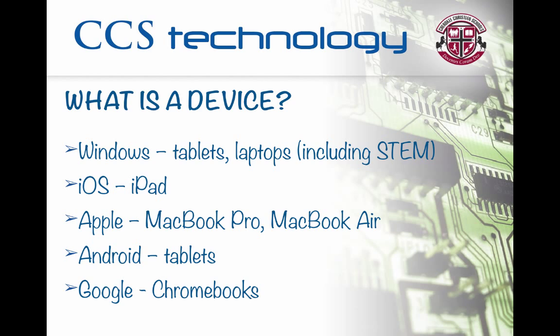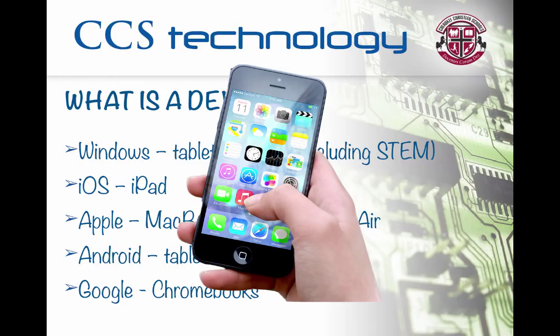Now, what about smartphones? Can you use those? Well, based on 3 years of experience here with devices, we have found that phones are really difficult to use for what we need to use them for. You're comfortable using them for things like texting, for taking pictures, those types of things, but there's a lot of what we do here that cannot be done efficiently on phones.